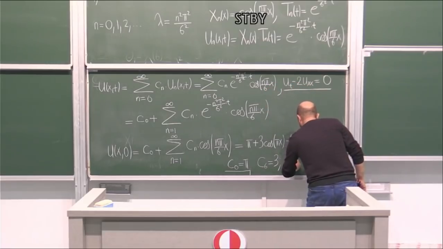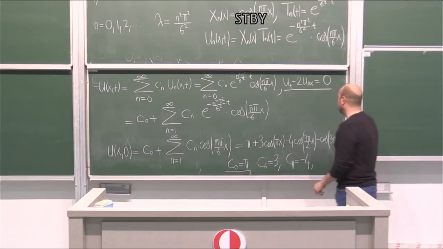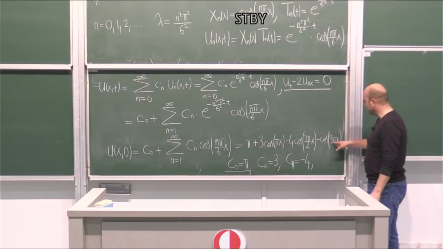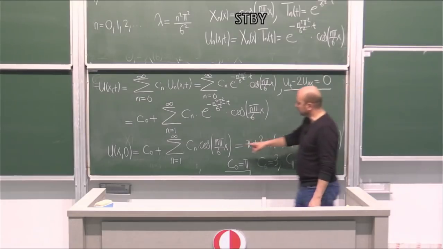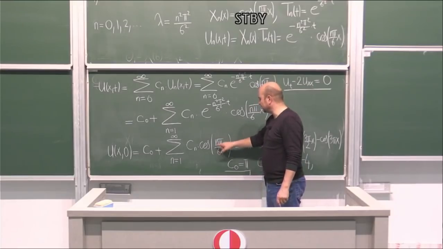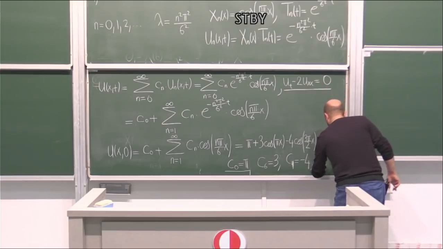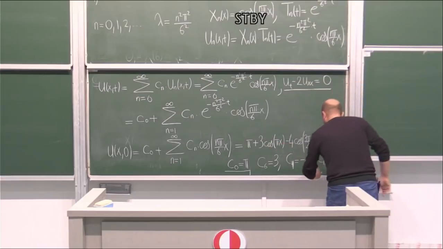So c9 is equal to minus 4. And for this one, I need to get 3 pi. For this to be 3 pi, n must be 18, so we get c18 is equal to minus 1, and all others are 0.